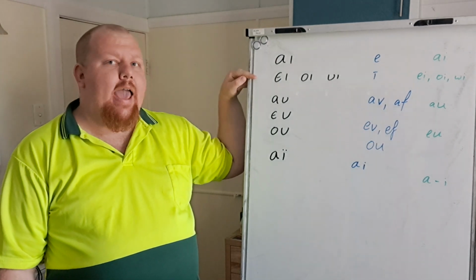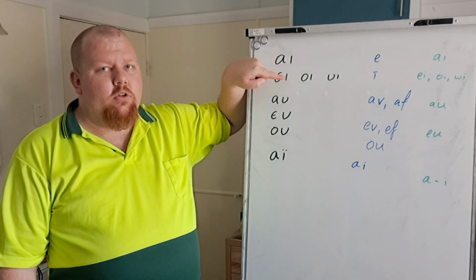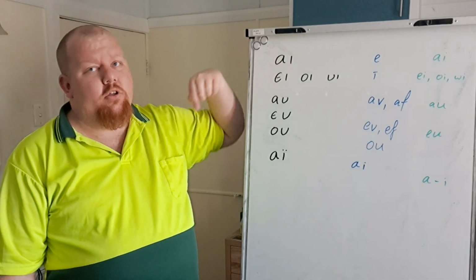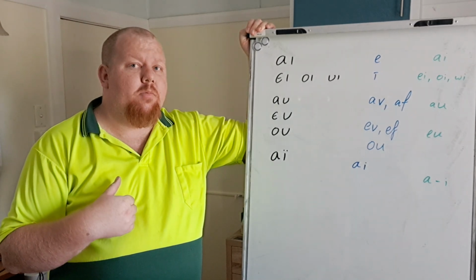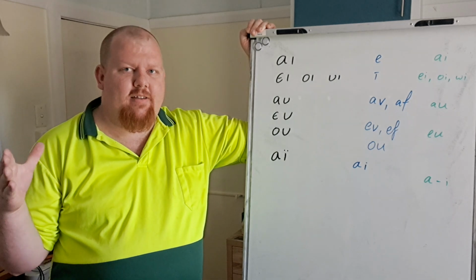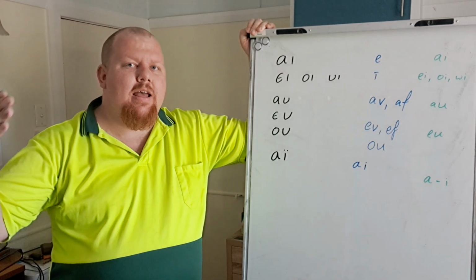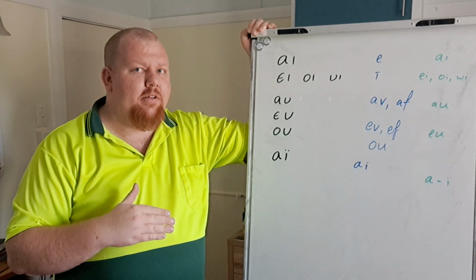Then we have epsilon iota, omicron iota, and upsilon iota. Now, as I said in the last video with iotization, there are lots of vowels that tend to change their sounds from the Erasmian pronunciation into an iota-like sound, which is what iotization is.